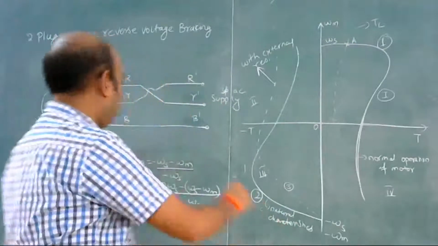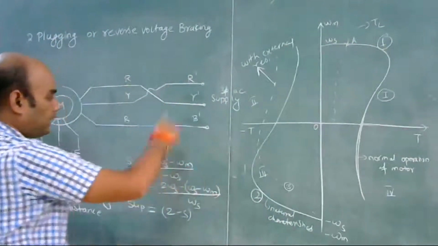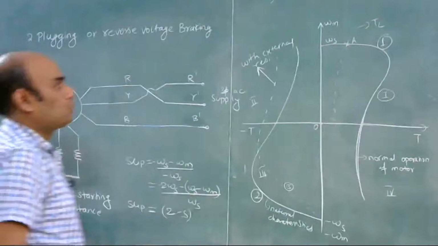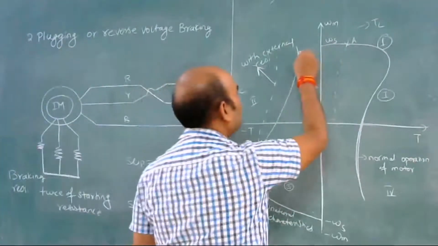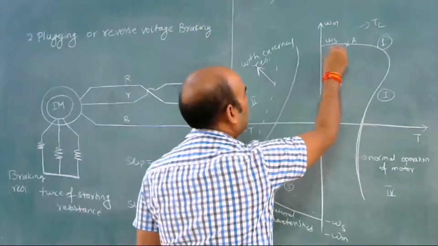When the phase sequence is reversed, the rotating magnetic field also gets reversed, so this will enter the second quadrant.